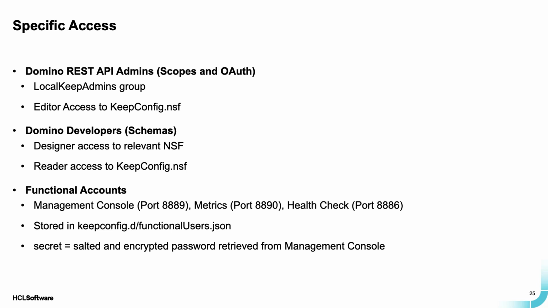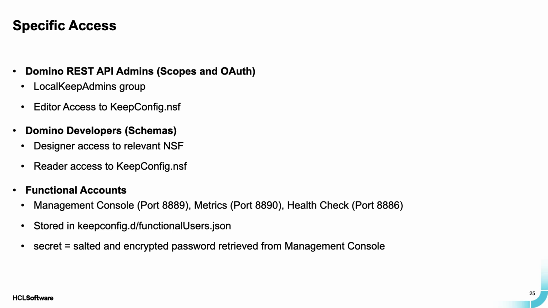There are also functional accounts. So Domino REST API itself runs on port 8880. There are other ports that are also exposed by default but can be locked down. Port 8889 is the management console. The typical use for that is for generating certificates, and that's covered in the documentation.